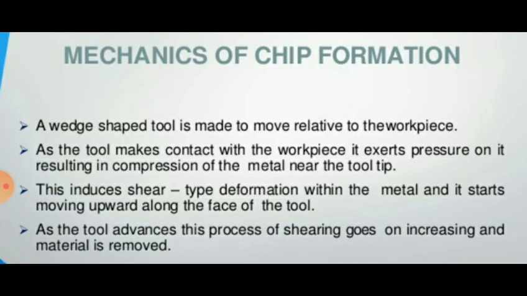That is the formation of the chip, and it moves in an upward direction along the face of the tool. As the tool advances, this process of shearing goes on and material is removed. So that is the formation of the chip.